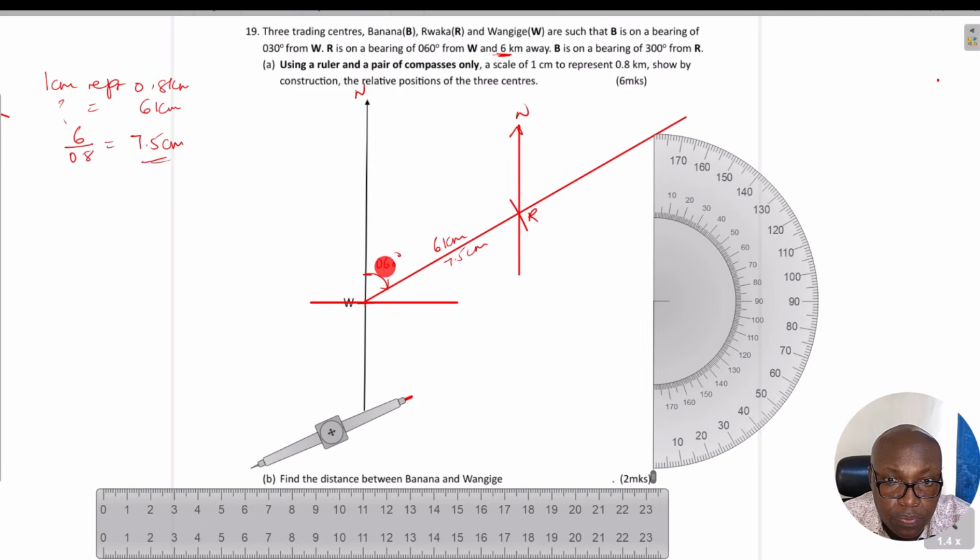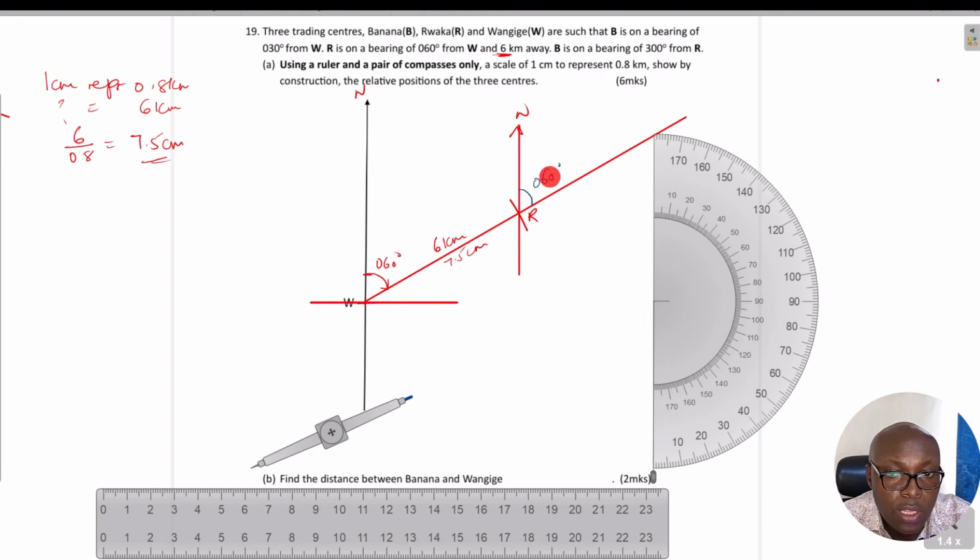You see this angle, 60, it should be corresponding to this. So you can transfer this angle here. So you must ensure that this angle that is here, this is 60, and then make sure you extend that line, and then this angle here should be 60. Reason being that these are parallel lines, and then these act as a transversal. So this angle that is 60 here, it should correspond to this angle that is here.